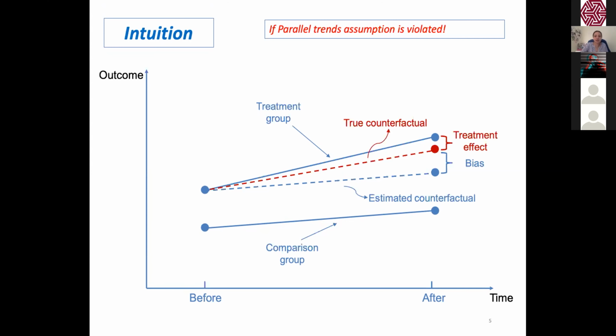For any reason, the counterfactual is not the estimated, the dashed blue one, it is the red one. So if this parallel trend between both is not verified, we'll have a bias in our estimation. We'll overestimate the impact of our program or policy. Okay.